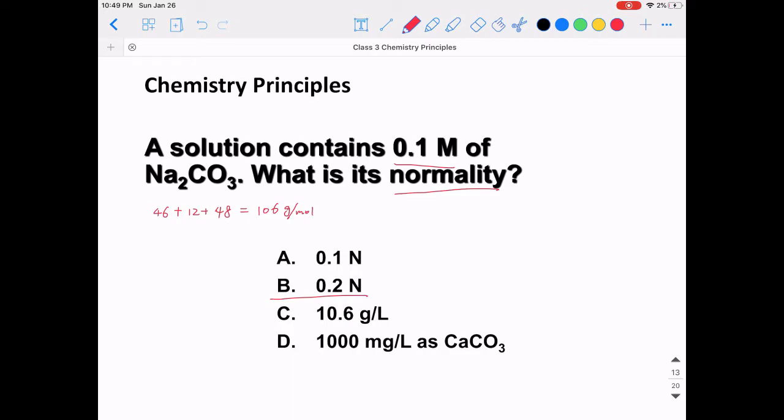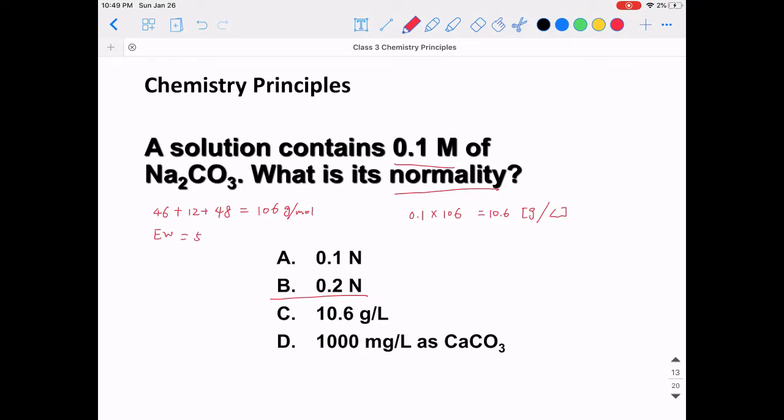So we can first convert this molarity into mass concentration, and that can be quite easily done by just using 0.1 multiplied by 106, right? So this is giving us 10.6 gram per liter. Okay, so what is the equivalent weight of sodium carbonate?